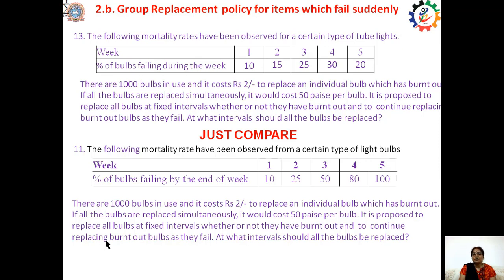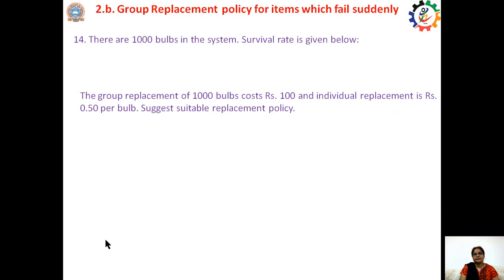In terms of 0.1, 0.25, last number will be 1. You can make out. So this is very important, to see whether cumulative values are given or PI itself is given. This is PI, but this is not PI. One more step is needed, like 10, 15, 25 minus 10, 50 minus 25, like that.